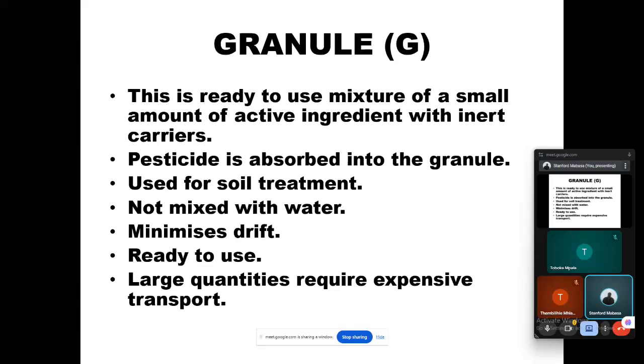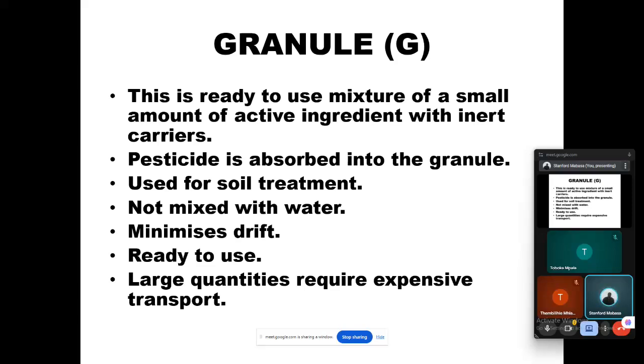Pesticide is absorbed into the granule. It can be used for soil treatment. It may not be mixed with water. The advantage is that this minimizes drift, so it can minimize contamination of the end user. It's ready to use, but of course, the disadvantage is that large quantities may require expensive transport.